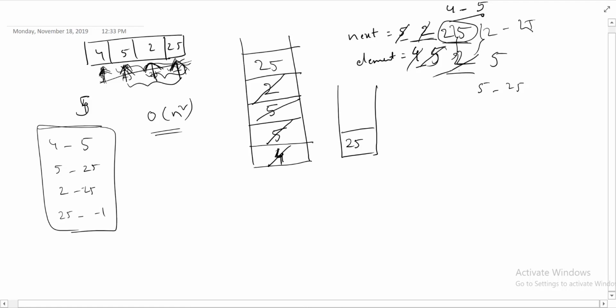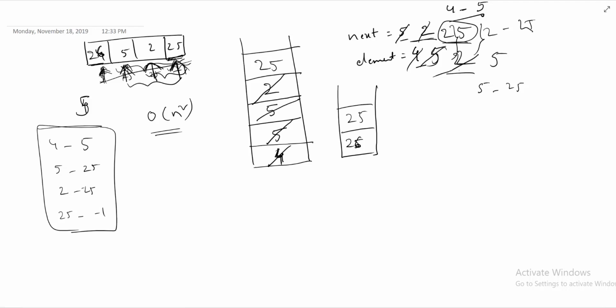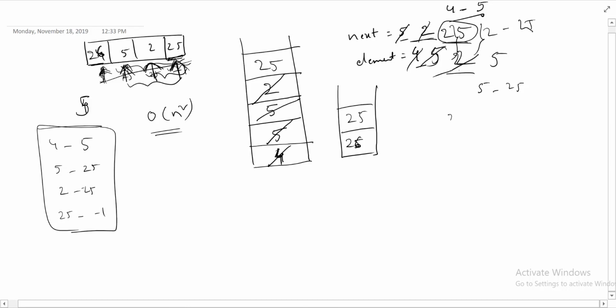Suppose there is another element which also does not have any greater element to its right. Suppose we have a 26 here. 26 doesn't have any right element, and 25 also doesn't have any right elements, so we will be left with 25 and 26 in the stack. Whatever we are left with in the stack at the end, none of those elements have a greater element to their right, so those will be printed like 25, minus 1 and 26, minus 1.